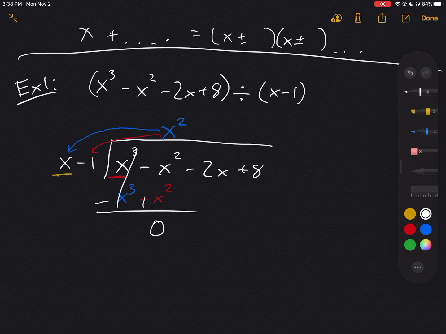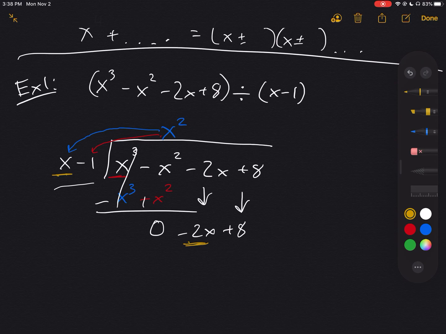What do we do? Well, we just bring down terms until we have the same amount of terms as we have over here. Okay, so I'll bring down the negative 2x, and I'll bring down the plus 8, right? So now I've canceled out the x cubes, I've canceled out the x squareds. Now this is my largest term remaining, and so I want to say to myself, what do I have to multiply x by to get negative 2x?